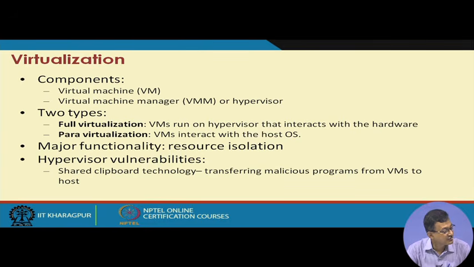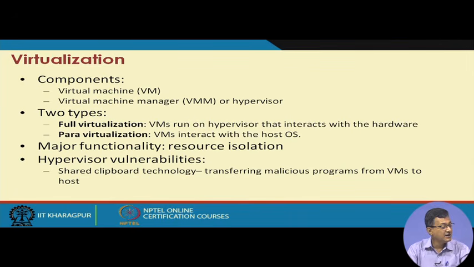If you look at virtualization, there are two components: one is the virtual machine, and the other is the VMM or hypervisor, or virtual machine monitor, as we have seen. There are primarily two types of virtualization. One is full virtualization, where VMs run on the hypervisor that interacts with the hardware, so the VM is in between the hypervisor and the rest of the hardware.